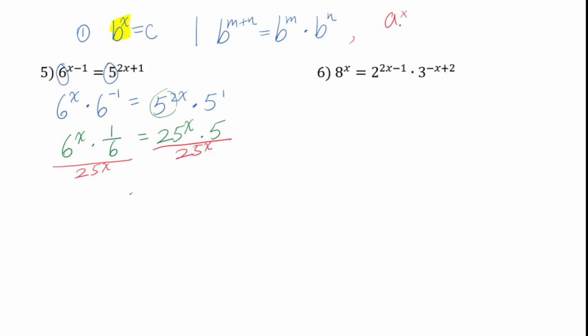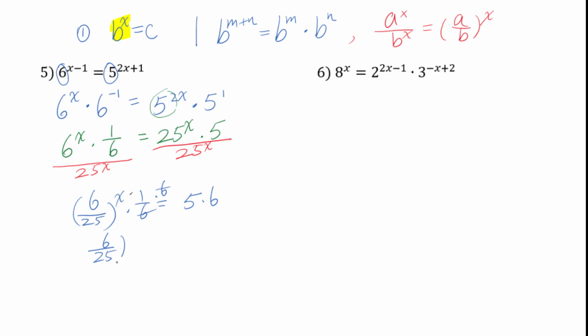A to the x power over b to the x power, we can write as a over b to the x power. 6 over 25 to the x power times 1 over 6 equals 5. Multiply by 6 on both sides. So we have 6 over 25 to the x power equals 30.